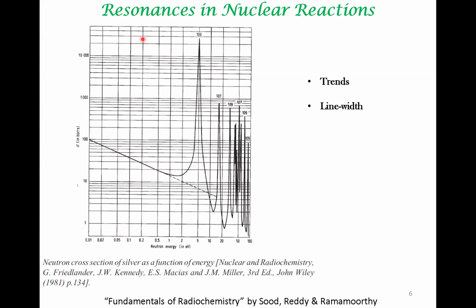In a way, this is similar to what you have seen in your classical mechanical scenarios. For example, you might have heard about increase in energy transfer at certain resonant frequencies, right?